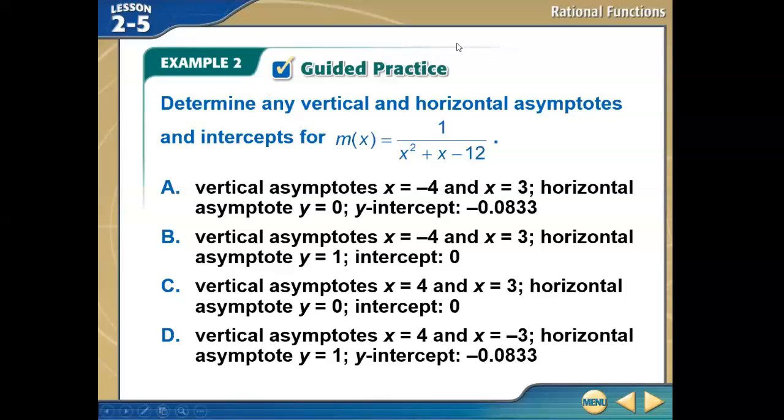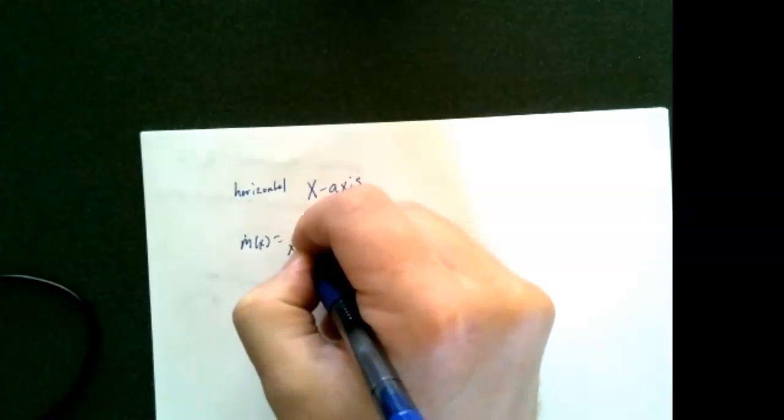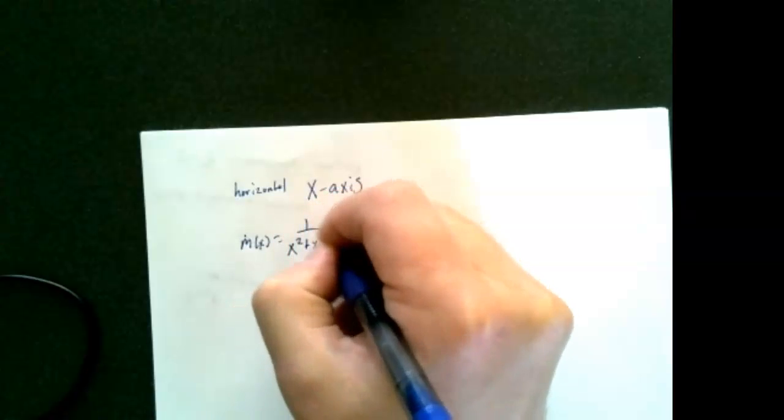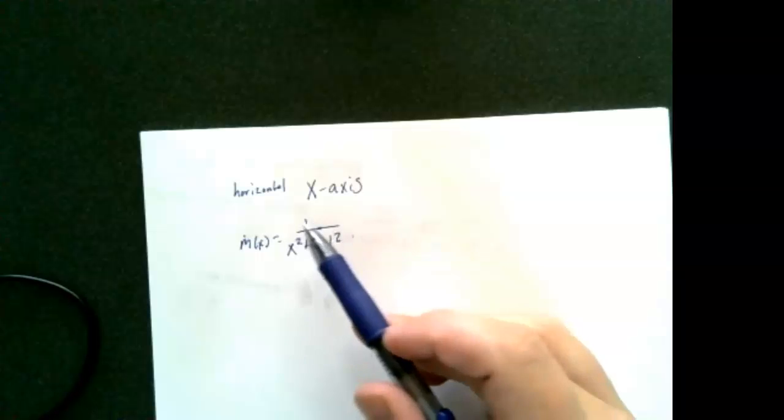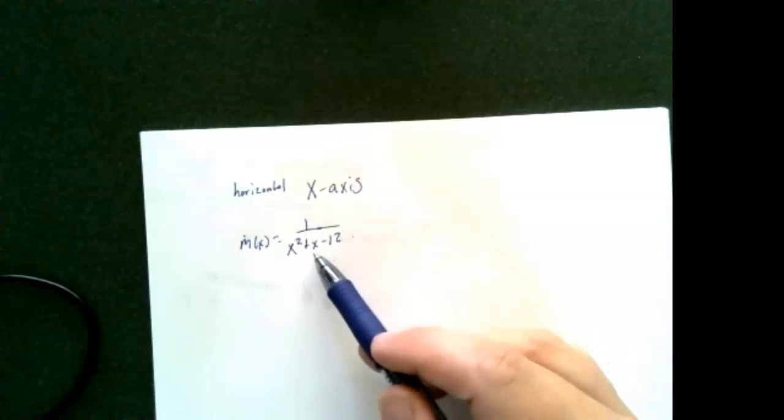Okay, to find your vertical asymptotes, our equation is m of x is equal to 1 over x squared plus x minus 12. To find the vertical asymptotes pretty easily, we want to factor the denominator.